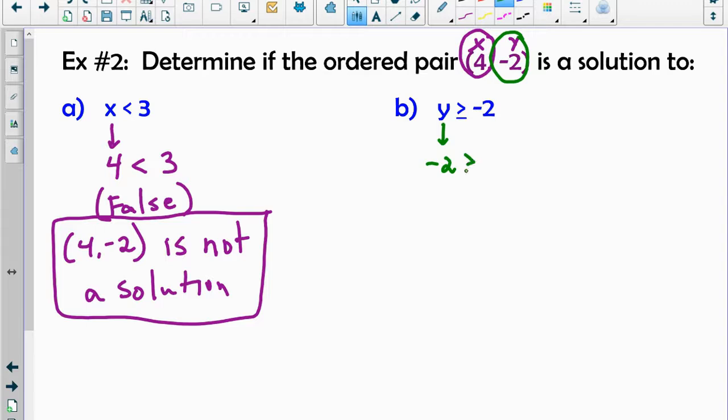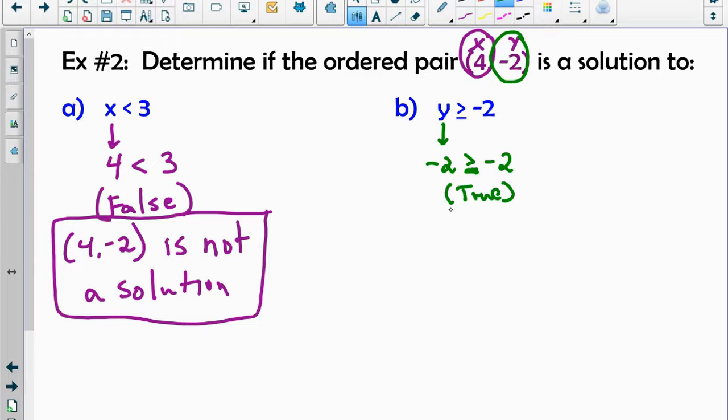And it says negative 2 is greater than or equal to negative 2. Is that true or is that false? Well, let's see. Is negative 2 greater than negative 2? No. Is negative 2 equal to negative 2? Yes. So this is actually true because we have the equality there.